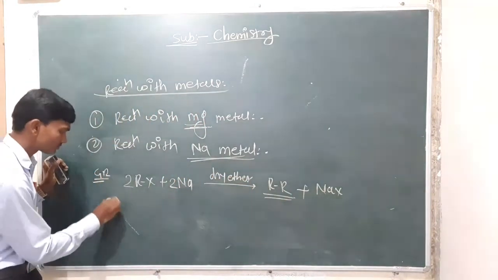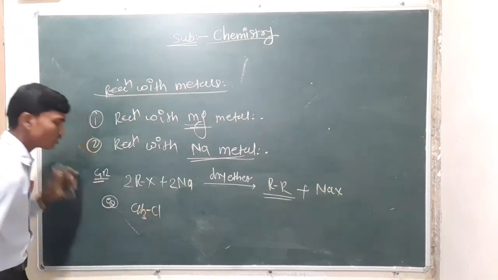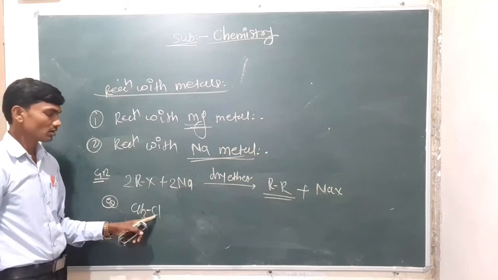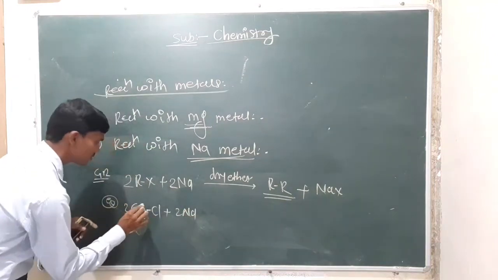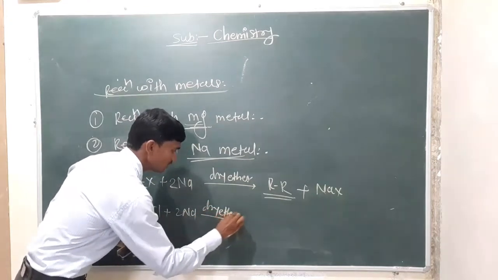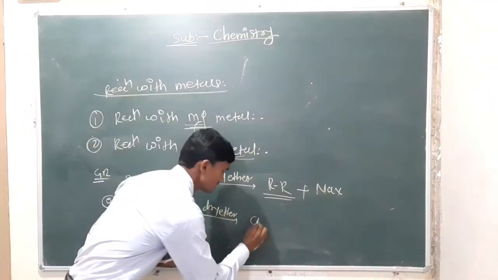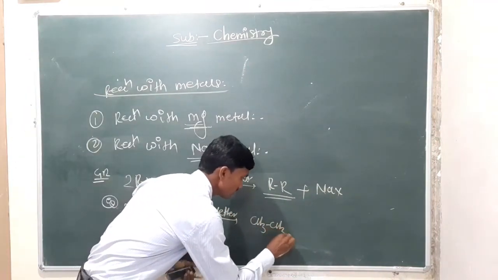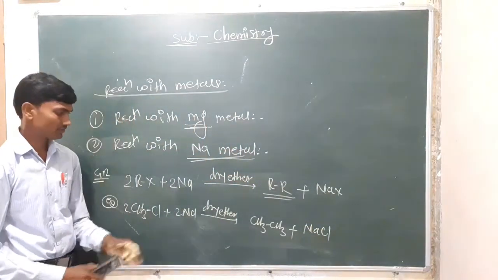For example, methyl chloride reacts with sodium metal in the presence of dry ether to form a higher alkane, that is CH3-CH3, plus sodium chloride.